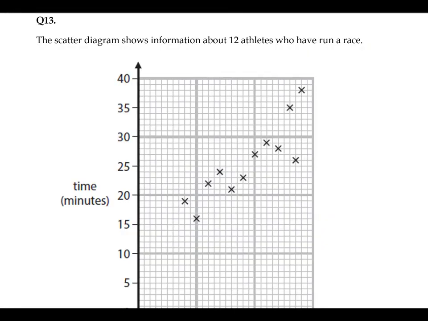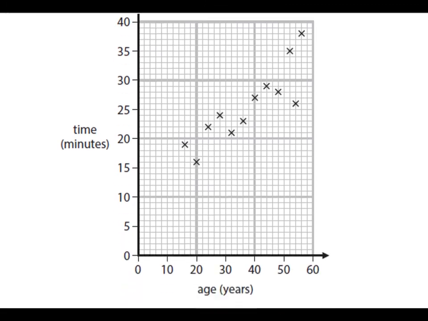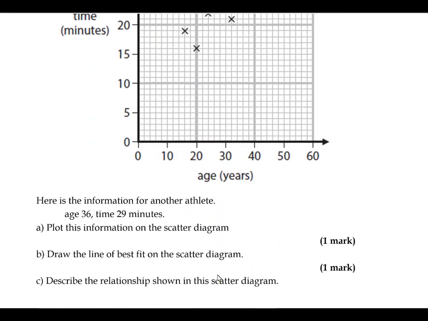Question 13. The scatter diagram shows the information about 12 athletes who have run a race. So on one axis, we've got their time in minutes, and on the other, we've got their age in years. So for part A, we need to plot this information here.